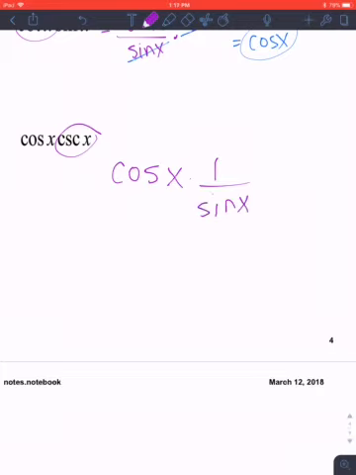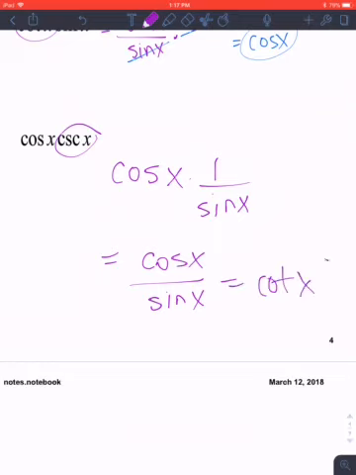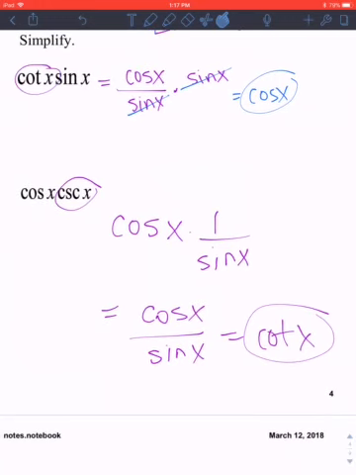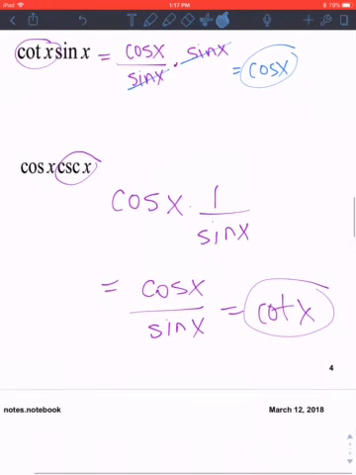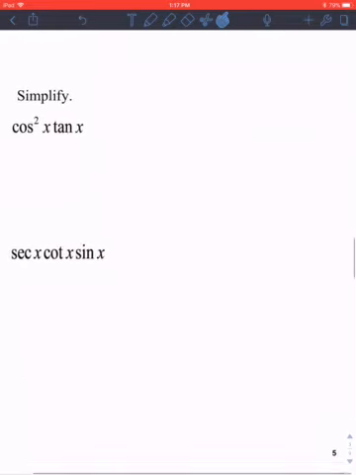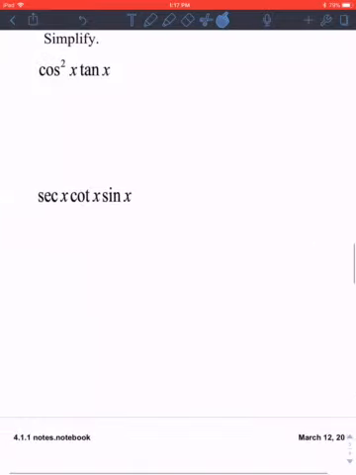Okay, now those don't cancel, but when we put them together as one fraction, we get cosine of x over sine of x, which is the definition of the one we just used, cotangent of x. Okay. So what we're looking for as far as answers is usually that it simplifies down to just one function, or sometimes even just one number. Sometimes it's just 1 as your final answer. But you should not have a fraction left over in your answer. It should be pretty simple looking.